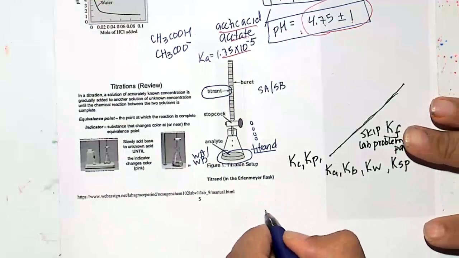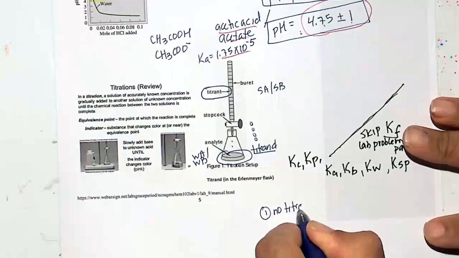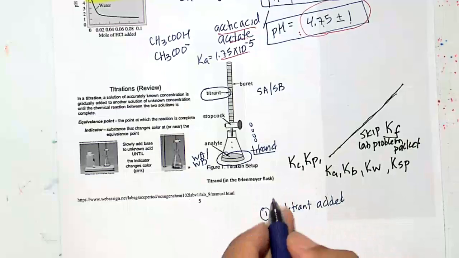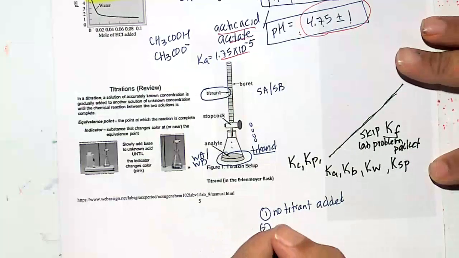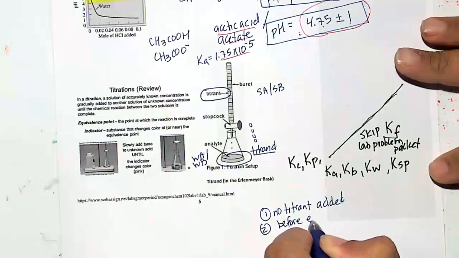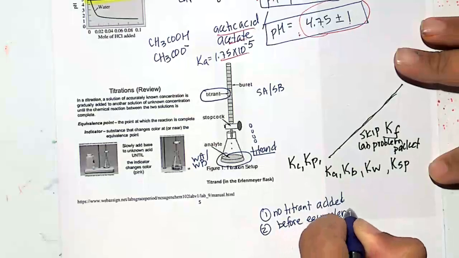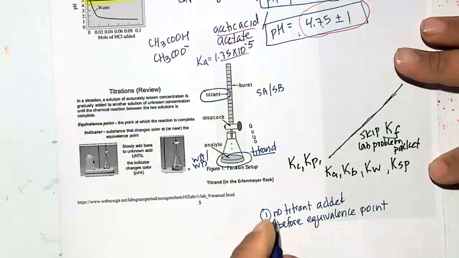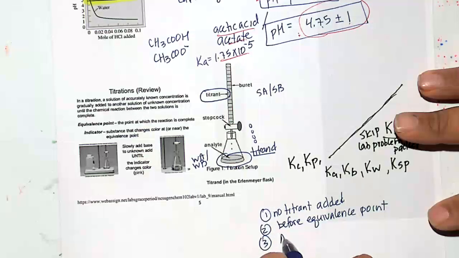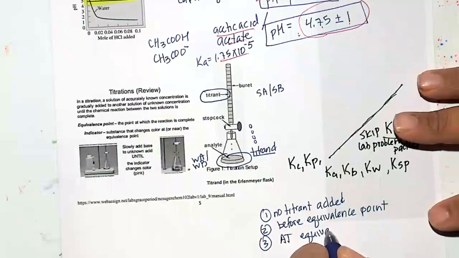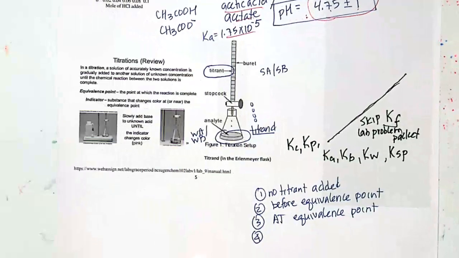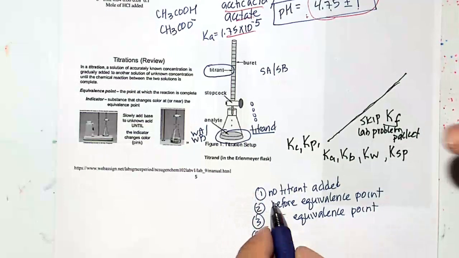The 4 parts of a titration are: part 1, when nothing is added; part 2, before the equivalence point; part 3, at the equivalence point; and part 4, after the equivalence point.